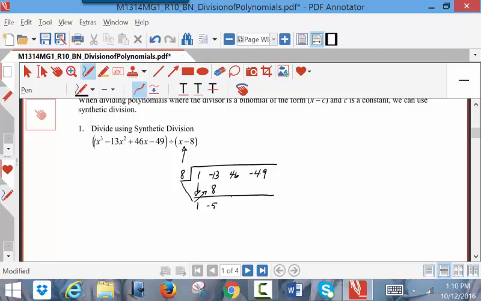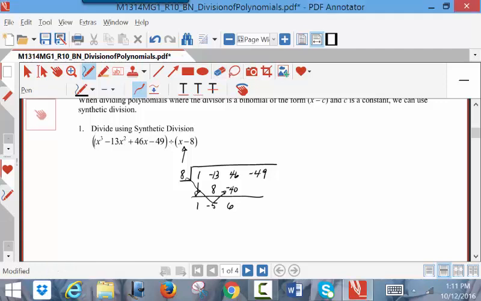Now I multiply, add. I multiply 8. Whoops, I lost my line. I now multiply 8 times negative 5, which is a negative 40. Multiply. And then I add that column. 46 plus a negative 40 is a positive 6. Multiply, add. Then I do this again.